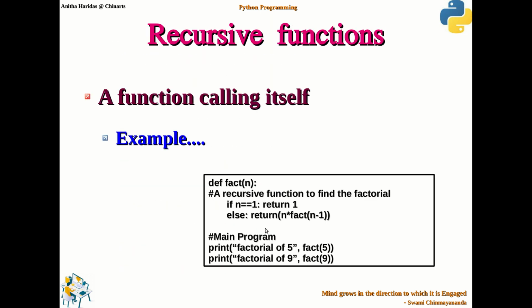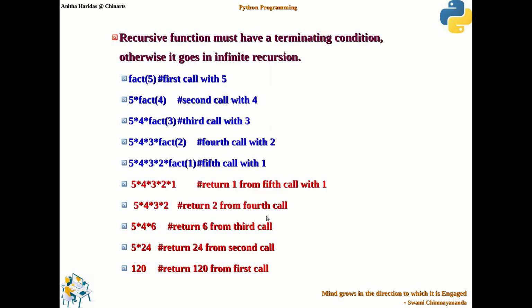Again it comes here, 4 is not equal to 1, so it again calls 5 into 4 into factorial of 3. In the next call it is going to be factorial of 2 multiplied with 3, 4, 5. And in the last call it is going to be factorial of 1 multiplied with 2, 3, 4, 5.